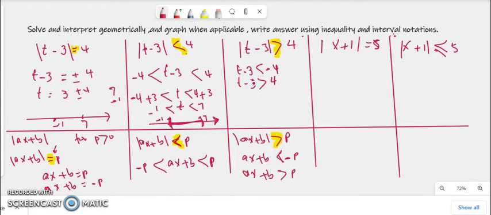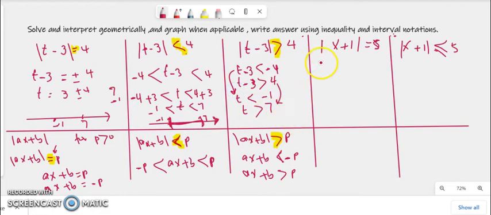We're gonna add 3 to both sides. So t will be less than negative 1, and t will be greater than 7.